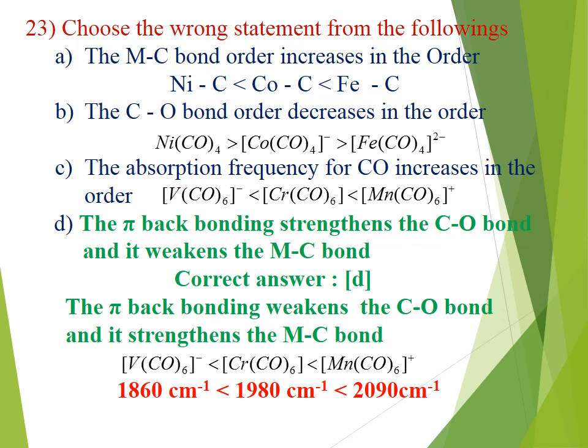V(CO)6^- is 1860 cm^-1. Cr(CO)6 has a vibrational frequency of 1980 cm^-1. For Mn(CO)6^+, the vibrational frequency is 2090 cm^-1. Therefore, the vibrational frequency is given in increasing order.